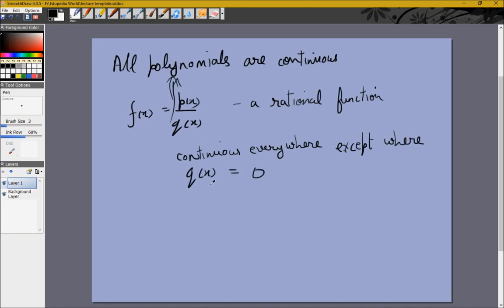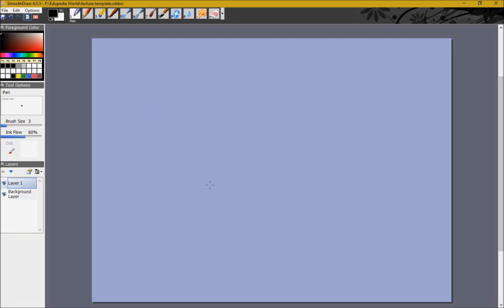And finally, there's one last result which we'll state without proof. We've already seen composite functions, f o g of x is equal to f of g of x.